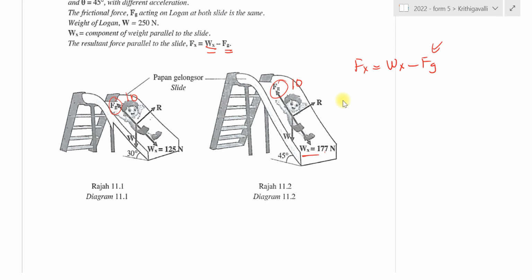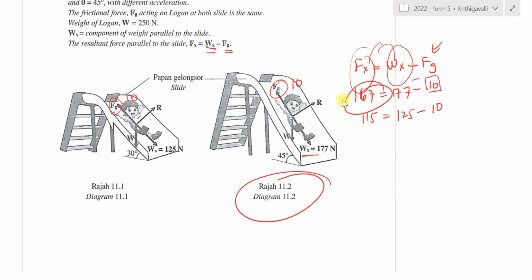So since your frictional force is constant, your Fx actually depends on your Wx. Okay, for example, let's say the Wx is 177, another case is 125 as provided in the diagram. Let's say the friction is 10 and 10, so you still get 167 and 115 here. Still your diagram 11.2 will be greater.